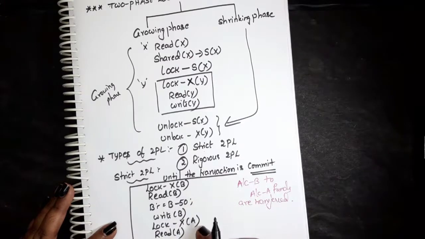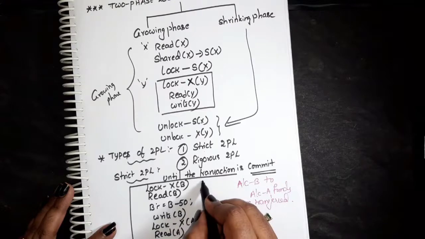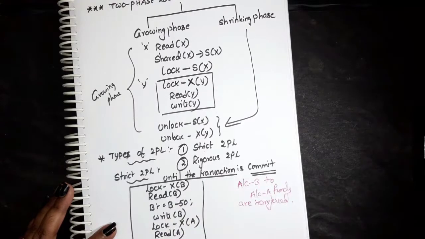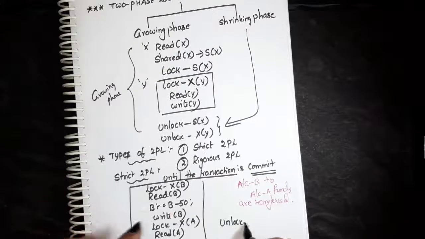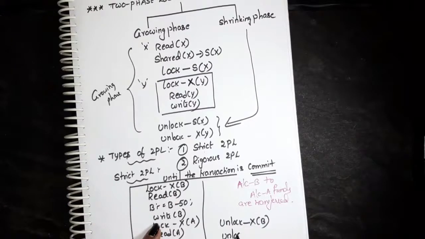You take an exclusive lock on A, both read and write operations are executed, and finally the transaction commits. First B and commit, then the second data item A, and after completion of all this, you release: unlock the exclusive lock on data item B and unlock the exclusive lock on data item A.